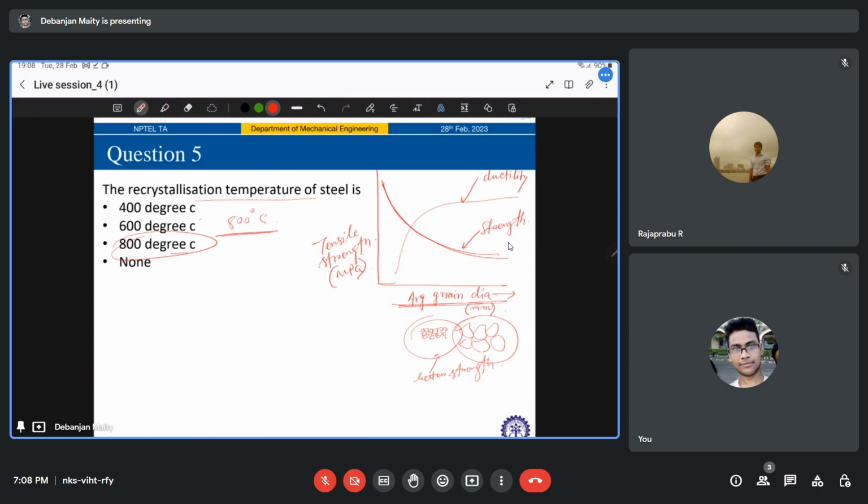Now, as I said, this is the nature of variation of these two mechanical properties, strength and ductility, with the average grain size. This grain size can be controlled by mechanical working and recrystallization, as I said. As we have already seen, the effective size of a grain is decided by the volume by surface area ratio.